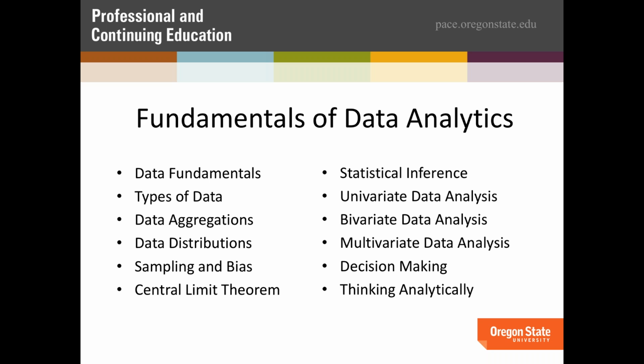Then we go into what I call a 3-part series on how you should really analyze your data. And the way that we do that is based off of what you're trying to analyze. So we go through univariate, bivariate, and multivariate. Univariate just means we're looking at one dimension. So we're just looking at one variable. Imagine it's a sales organization and we're looking at sales.